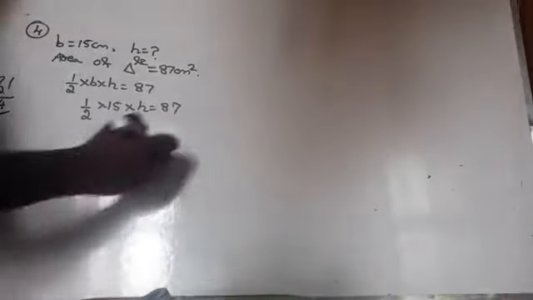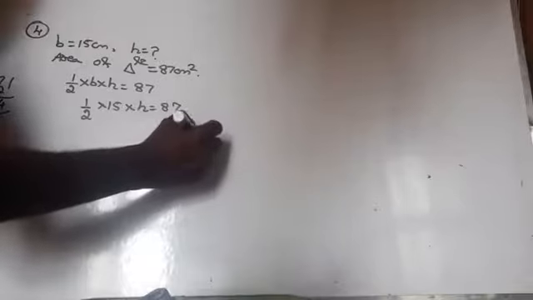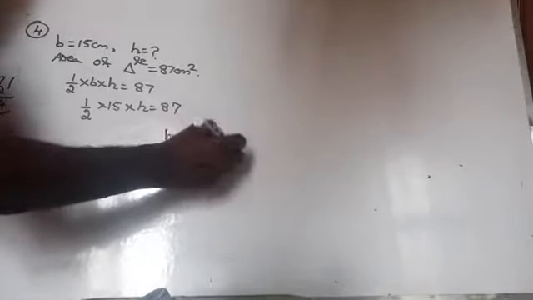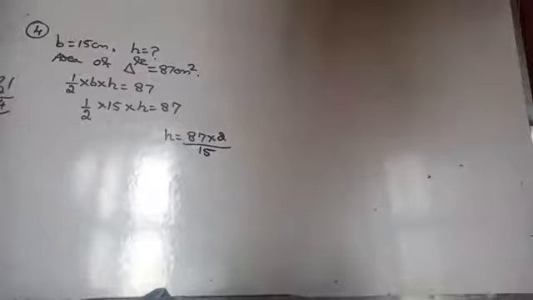Okay, wait. The height of the triangle is equal to 87 into 2 by 15.